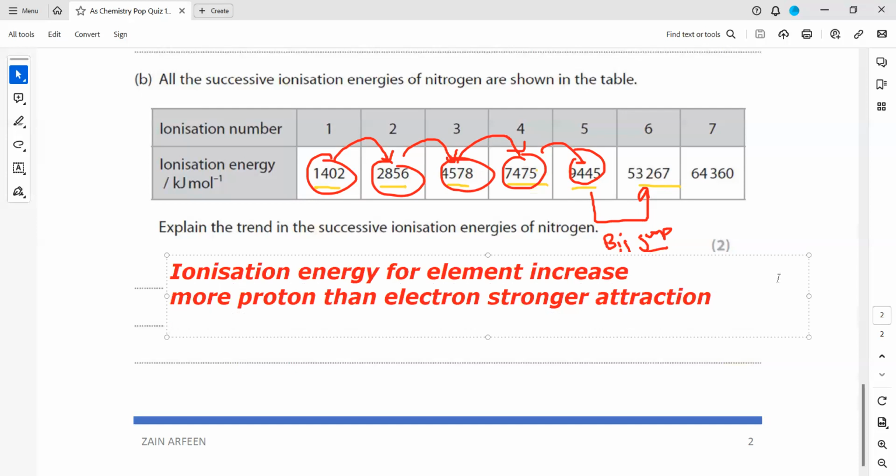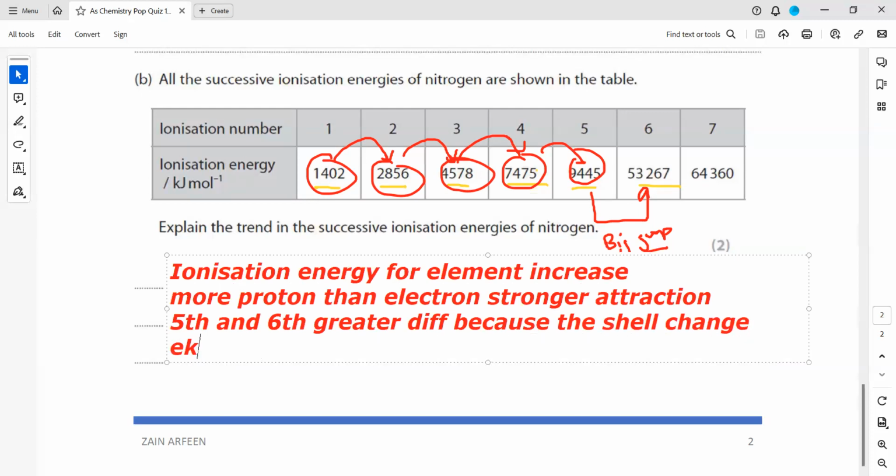Then why is there a big jump between the fifth and the sixth? Why is there a greater difference? Because the shell changes, so the sixth electron will be closer to the nucleus, because we always remove the first electron from the last shell.